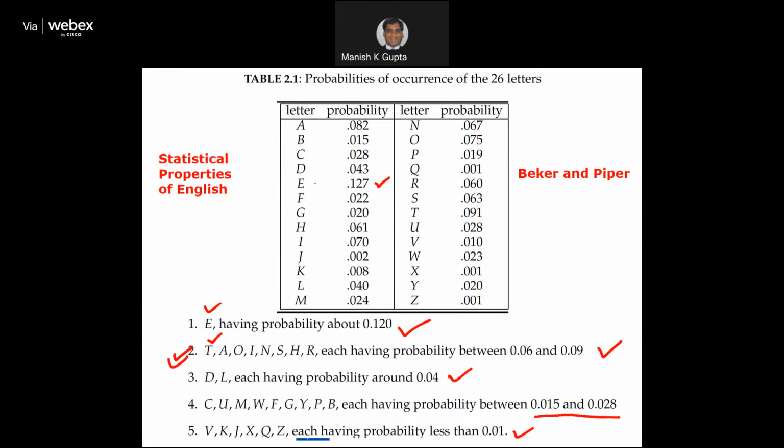And then this last group, VKJXQZ, each having probability less than 0.01. So these things occur least in the English text. This is a very important observation. So basically, we call this group 1, group 2, group 3, group 4, group 5. There are 5 groups formed of the alphabets in any English text, right?